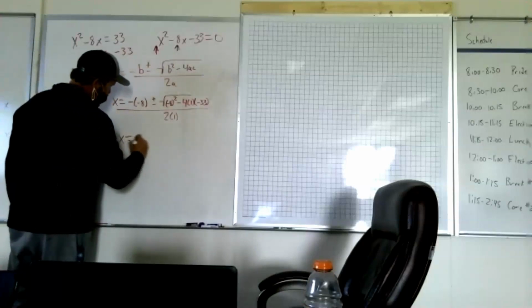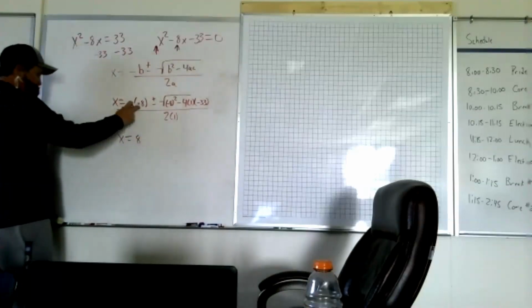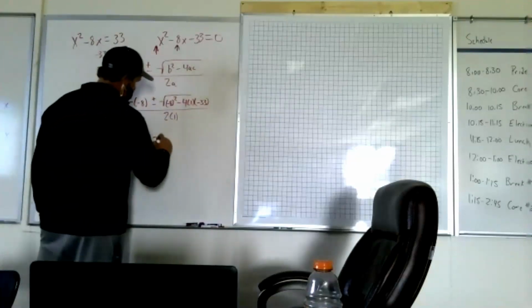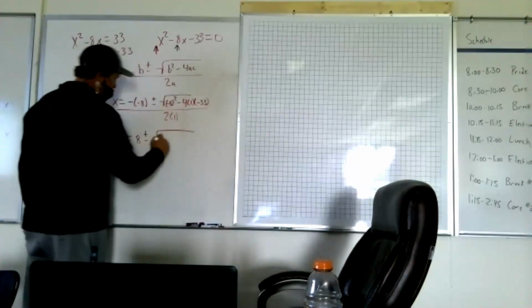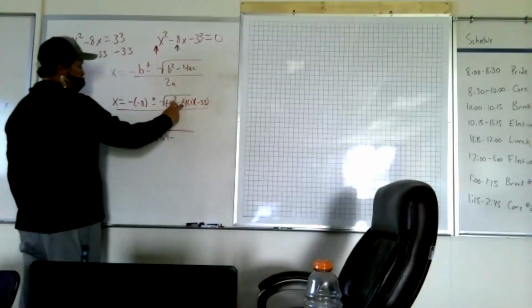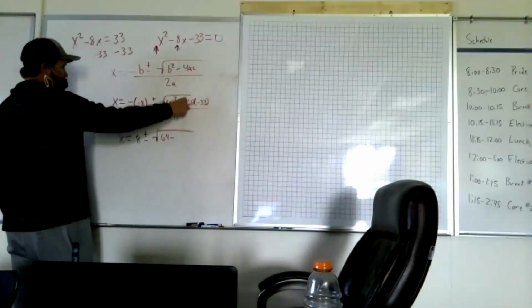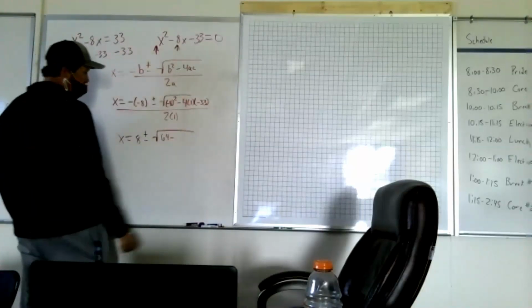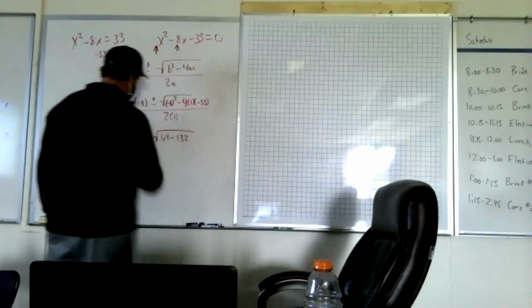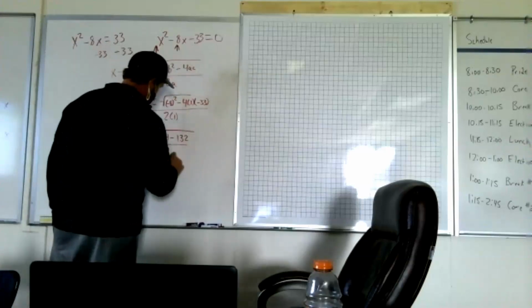So x is equal to 8, because it's a negative, plus or minus the square root of negative 8 squared, which is 64, minus 4 times 1, which is 4, times a negative 33, which I think is 132, all over 2.